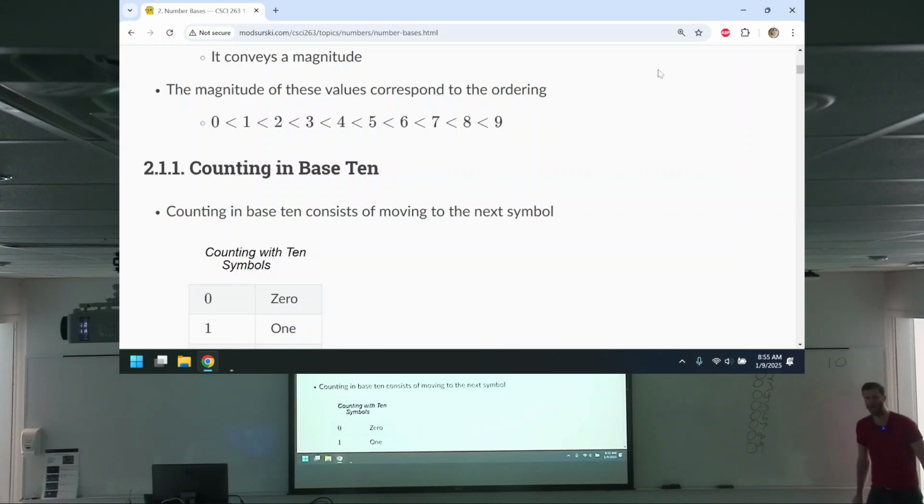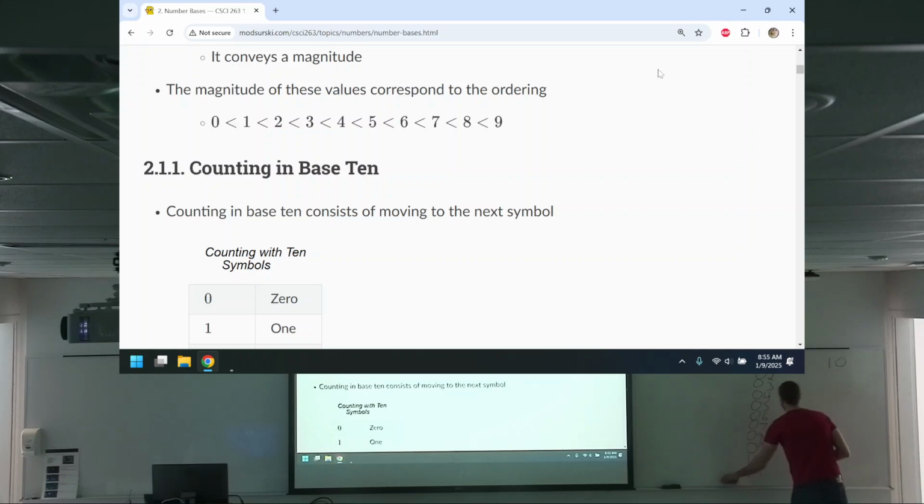So how do I get to 10? Well, whenever you run out of symbols, you restart, but we go to the next place and we increment. So what comes after 0? 1. 1, 0, 1, 1. We increment, and so on. Eventually I get to 19.